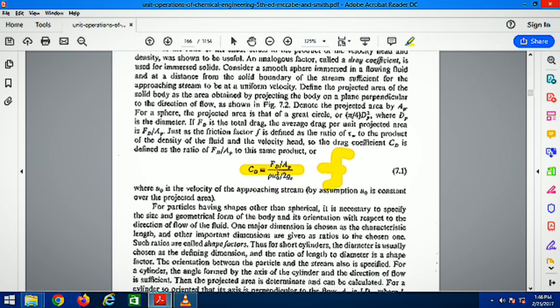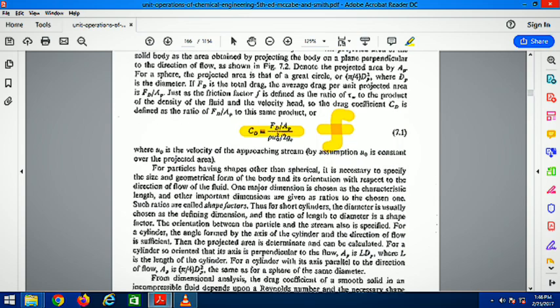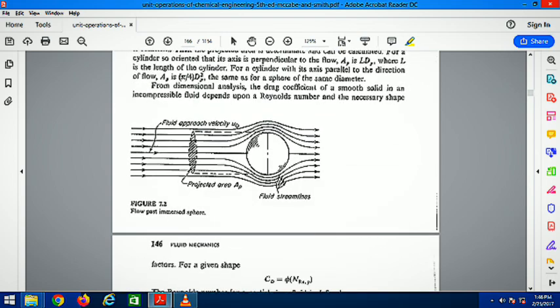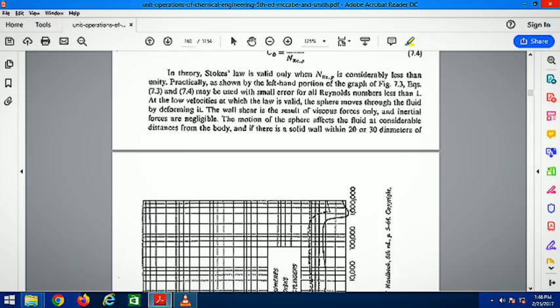So it's pressure upon energy, kind of the thing that we have seen with the friction factor, but the drag factor appears when there's a drag force acting on an object placed in a fluid, like this sphere, and it gets a drag force.